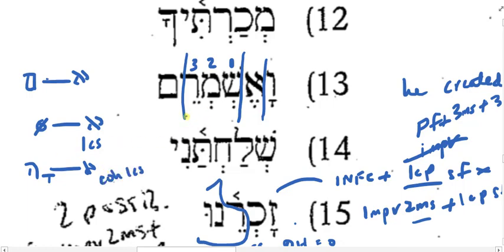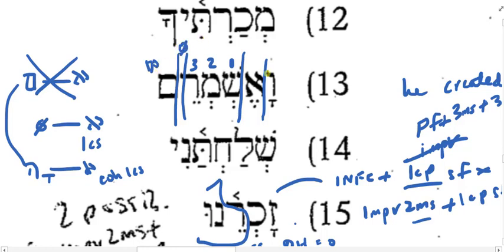Now, I don't have either of these 2 situations. Here, let me just put a big fat X through that. I might have a situation where I have a prefix aleph here and zero ending, and then the mem is actually a direct object pronoun.